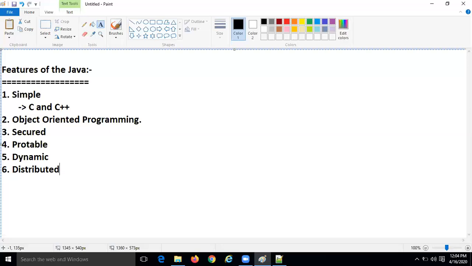Okay, so simple. In the telephone also, like you are calling mobiles, right? A person is available at some X location, B person is available at some Y location. How are you communicating with each other? By using distributed, na? That's what Java is, distributed technology or distributed programming language.